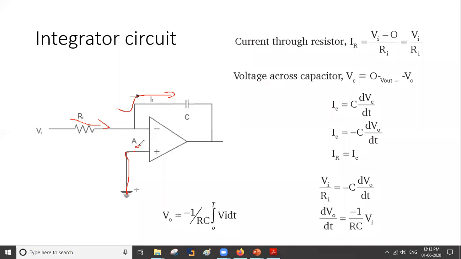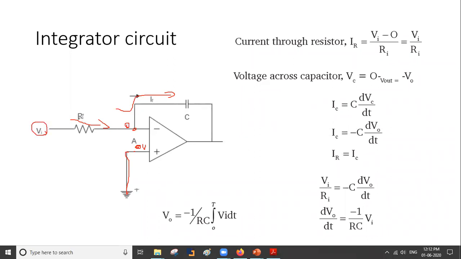Grounded means it is physically grounded, so it provides 0 volt here. 0 volt here means these two input terminals are virtually shorted, so at this point also it is 0 volt. Physically the inverting terminal is not grounded, but it acts as a virtual ground. So at this point the voltage is 0, and here it is Vi.